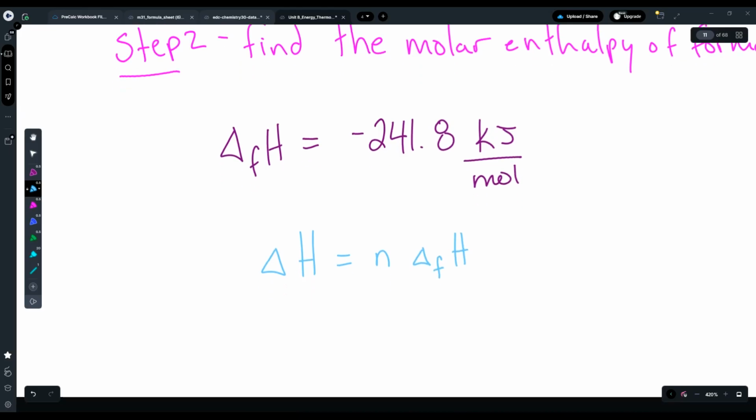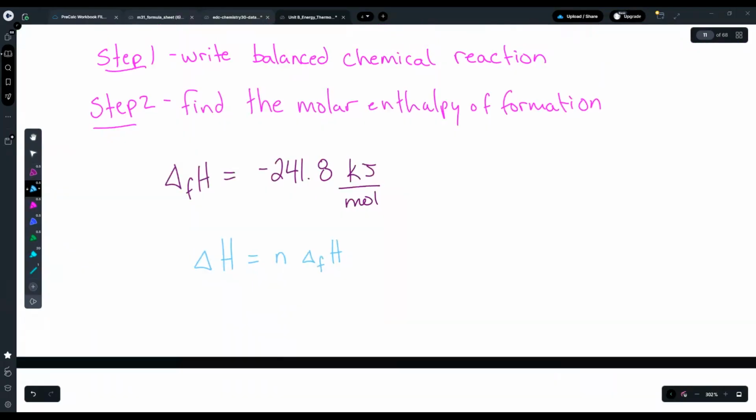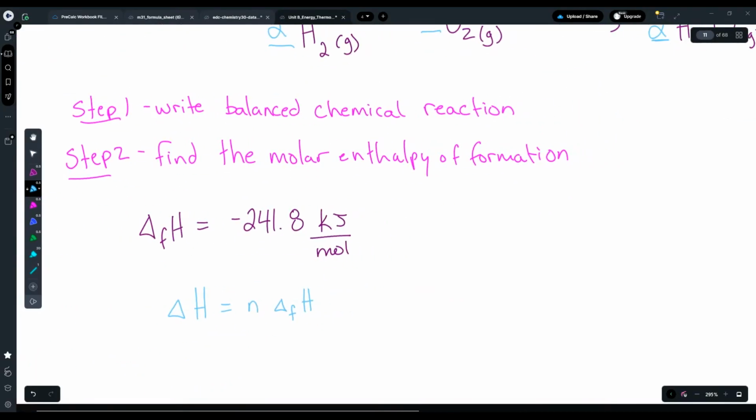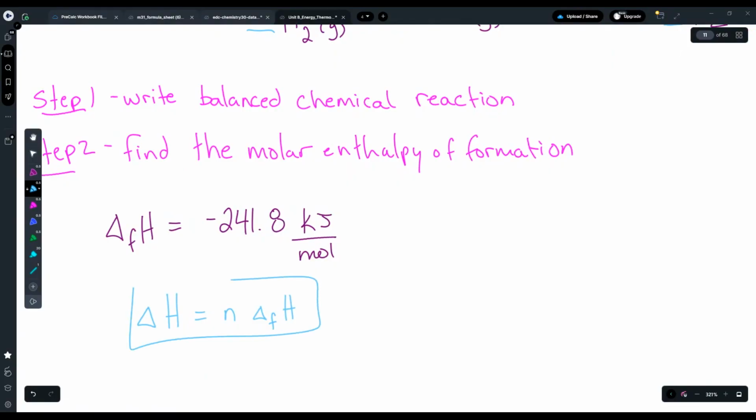Okay, so this says in order to find our change in enthalpy, we need to take our moles and multiply it by our molar enthalpy. The reason why we're using our coefficient is because we haven't been given any other additional information that would specifically tell us how many moles of water vapor we have. Okay, so that's why I'm using this.